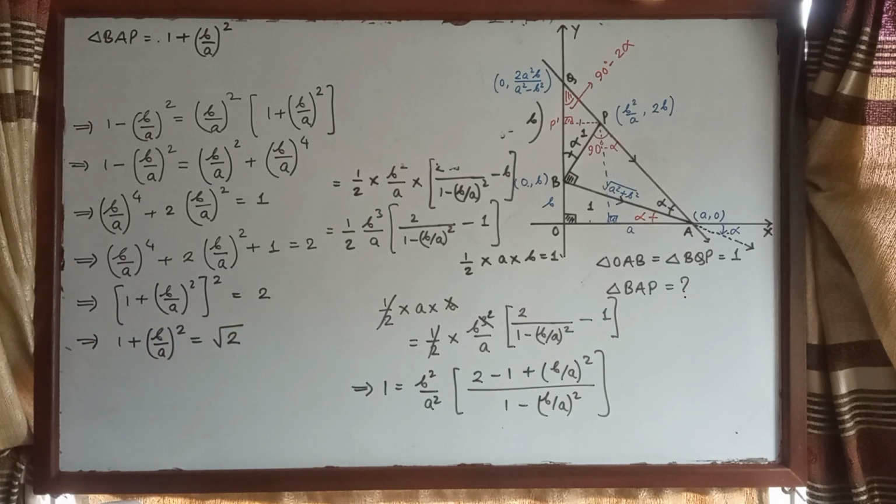Now we're going to take only the positive root because the inside part is positive. If we take minus, it's infeasible because 1 is positive and b over a is positive. So this is equal to square root of 2.